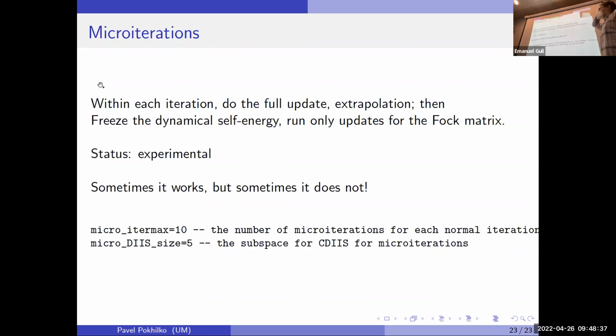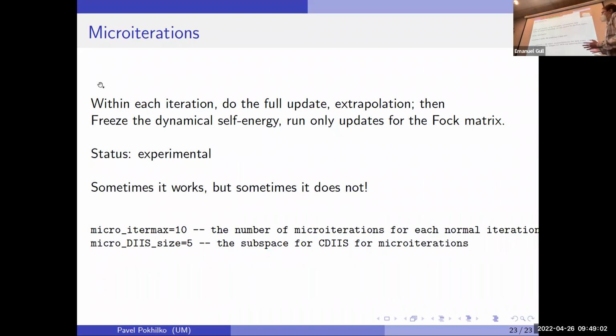So, and finally, this is a highly experimental feature with micro iteration. And so what it does, first it does full update, does extrapolation, and then it runs a bunch of cheap iterations where the dynamical part of self-energy is frozen, and the updates come only to the Fock matrix.